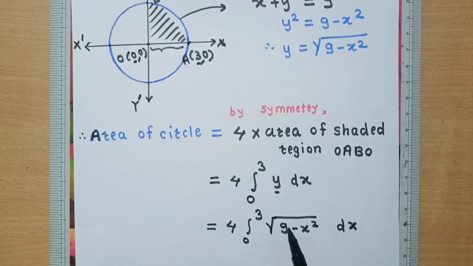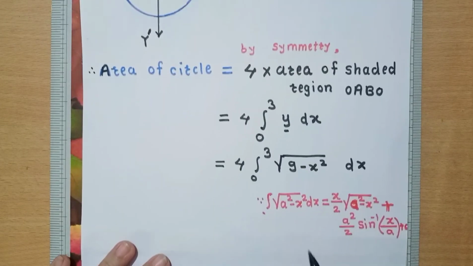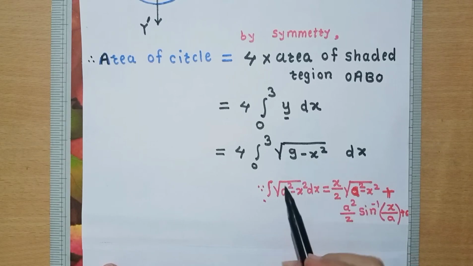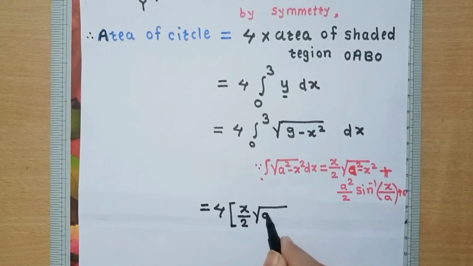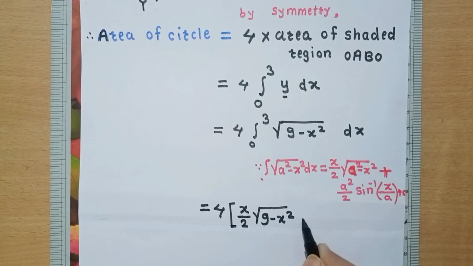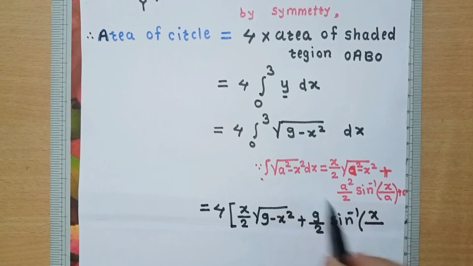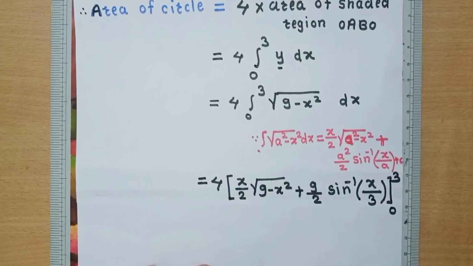Now here we will use the under root a square minus x square formula. So we will use this formula, and wherever there is a, we will substitute a is equal to 3. And so x by 2, this root as it is 9 minus x square, middle sign plus a square by 2 means 9 by 2, sine inverse of x upon a means again 3, and we are not writing c for definite integration, limits from 0 to 3.